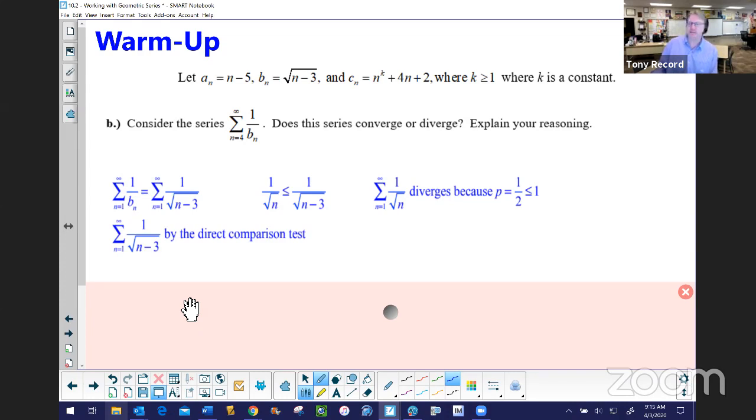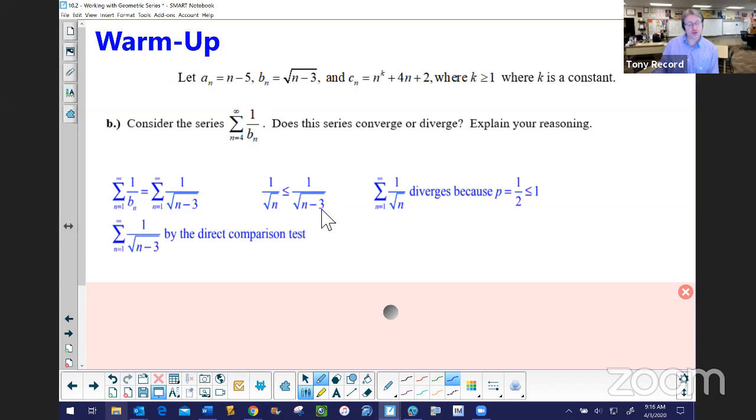It seems like the direct comparison test would be a fairly easy one, because if we compare this to 1 over the square root of n, because that's what this expression kind of looks like a little bit, 1 over the square root of n is divergent, a divergent p series. And more importantly, this 1 over the square root of n is smaller than the original 1 over the square root of n minus 3.